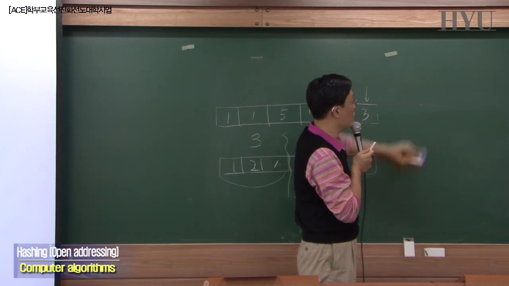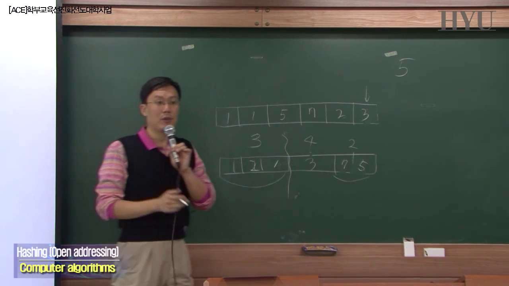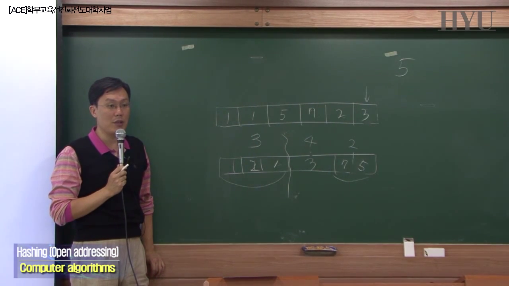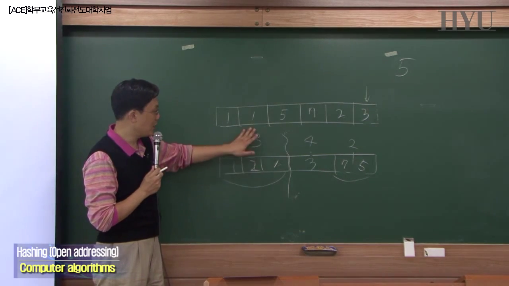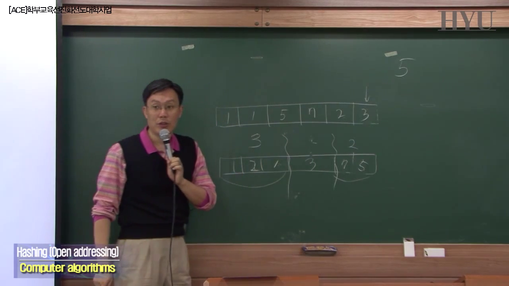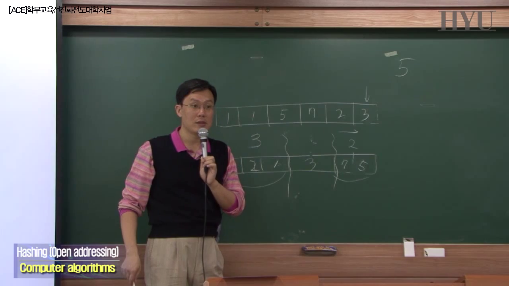And what if it was 5? The 5th smallest element. We know that it is in the larger partition. Okay?